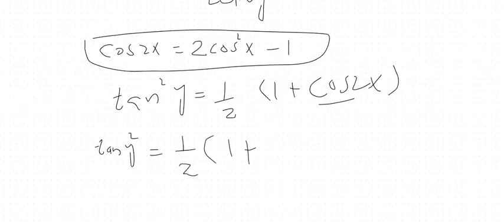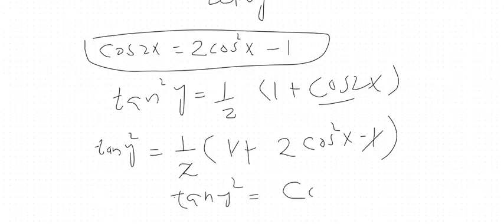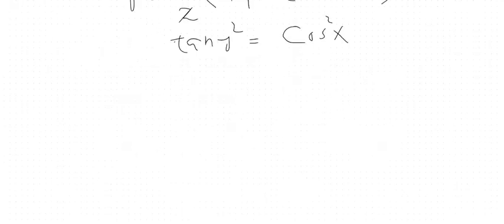The minus 1 cancels with the 1, and we get tan squared y equals cos squared x. Taking the square root on both sides, we get tan y equals cos x. This is what we had to find out.